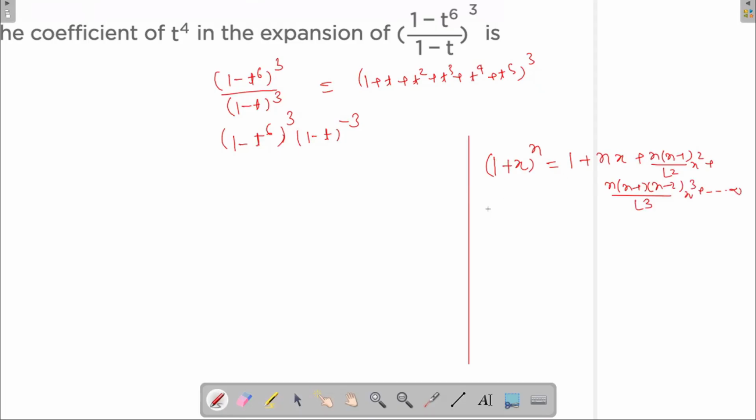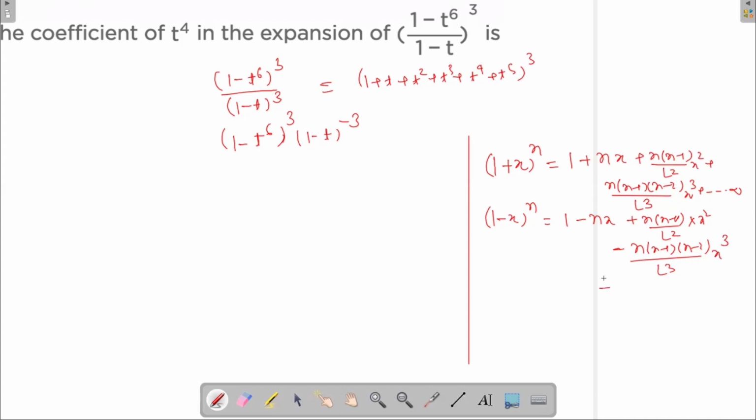So when this becomes 1 minus x, the only thing that will change is wherever x's power is an odd number. So (1 minus x) raised to the power n is 1 minus nx plus n into n minus 1 by factorial 2 into x square, and then minus n into n minus 1 into n minus 2 upon factorial 3 x raised to the power 3.